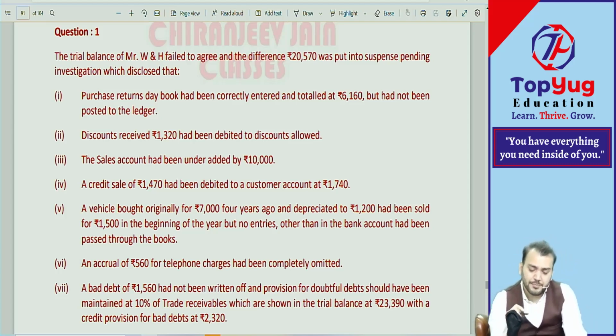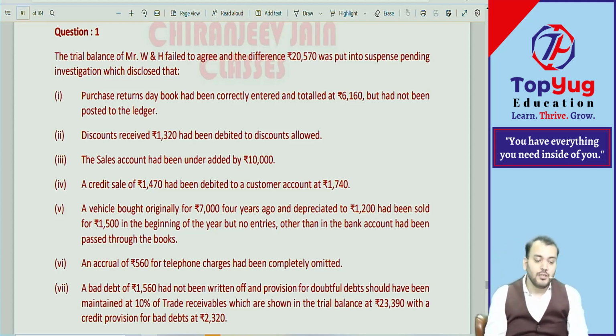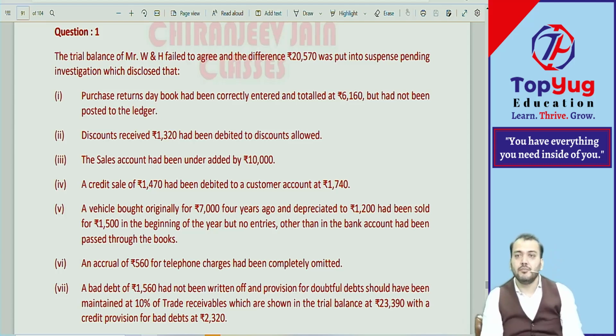One doubt will come, everyone. The purchase return day book has been correctly entered and totaled at rupees 6160 but has not been posted to the ledger. In the ledger we prepare two accounts: one is the purchase return account and the other is the supplier account, meaning the creditor account. So it has not been posted to the ledger.